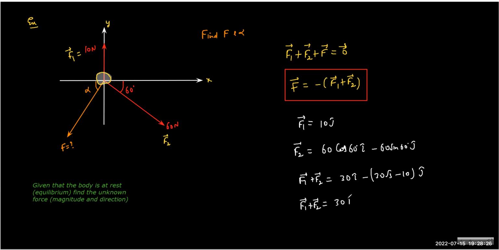So 30 I cap, and 30 root 3 is how much? 1.732 into 30, 51.96. Very good. Minus 10. So 41.96, right? Yes.